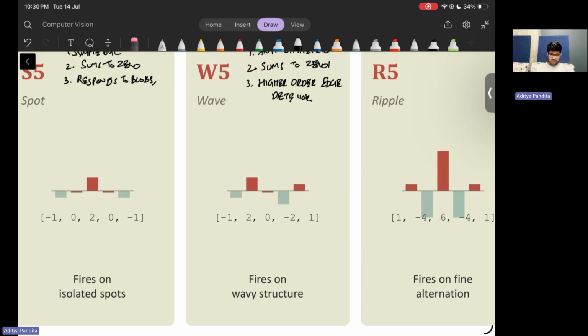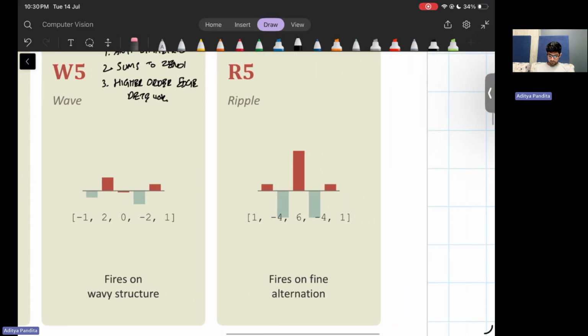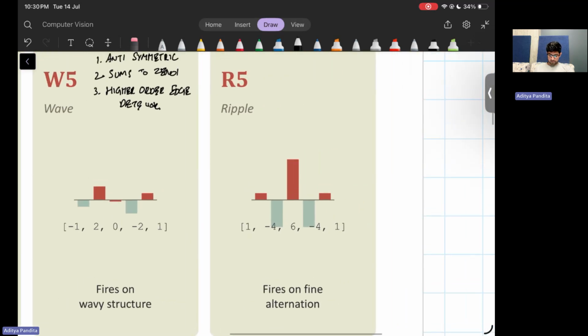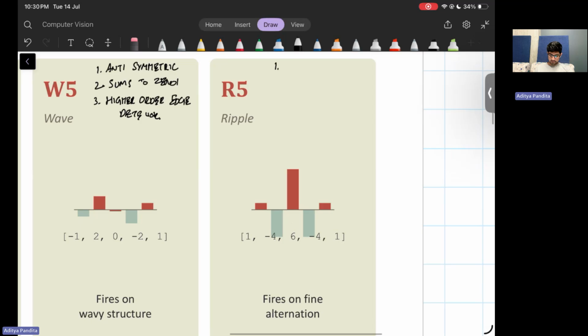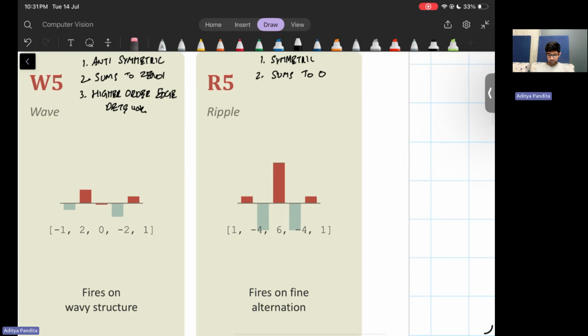Next one we have is R5. By the shape of it, this is symmetric, and it sums to 0. This is used for the finer, higher frequency filters in the set.